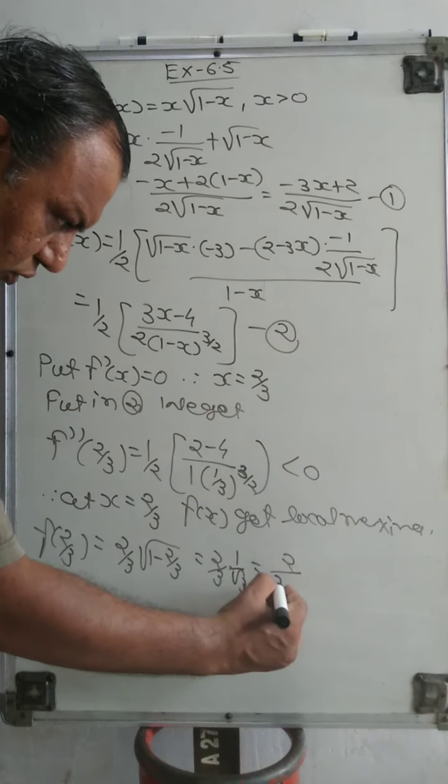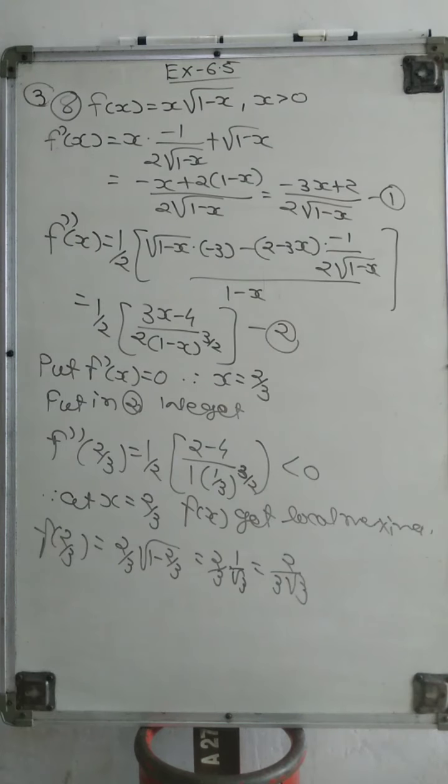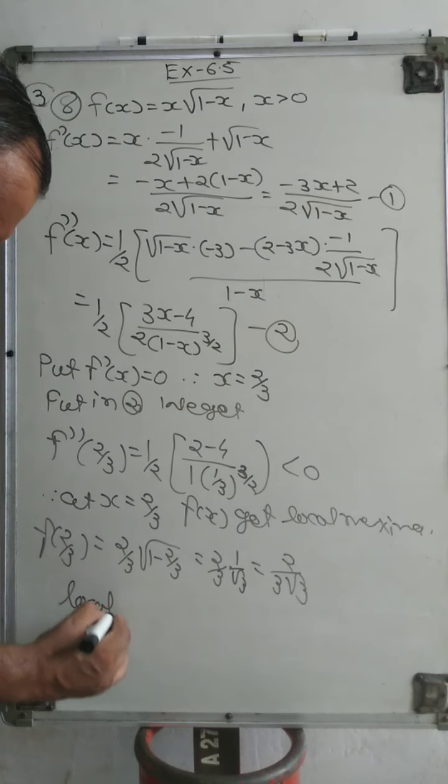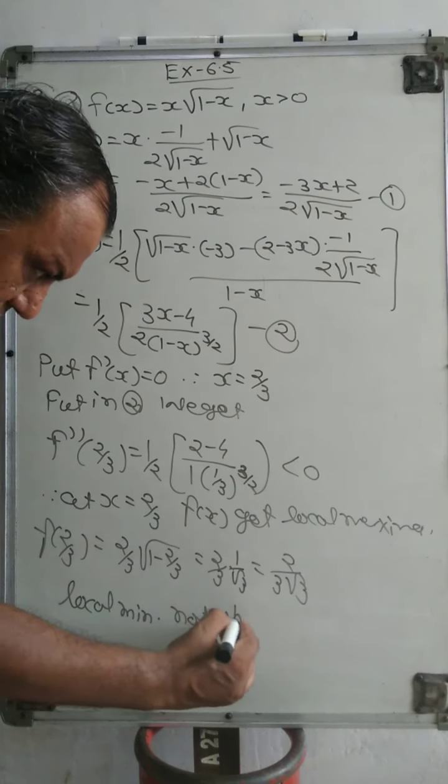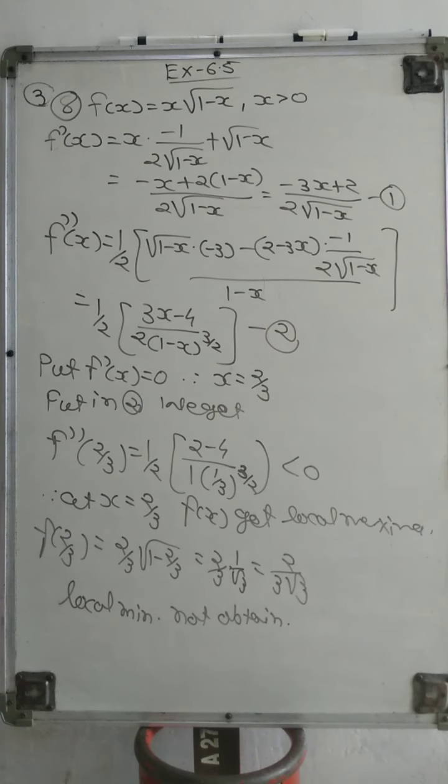It's 2 upon 3 root 3, right? So this is our local maximum value. Local minimum not obtained. Right? Okay. Then we go for the next one. Now this third sum is completed. Now we go for the fourth one.